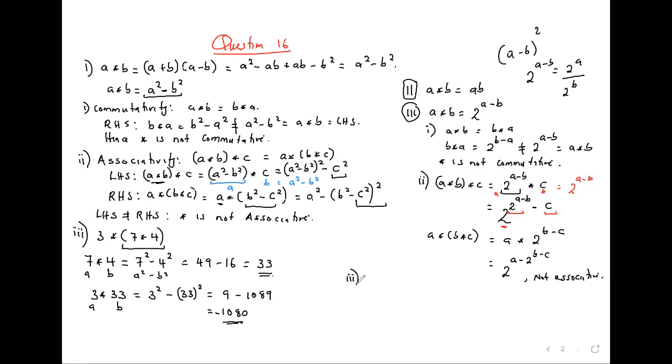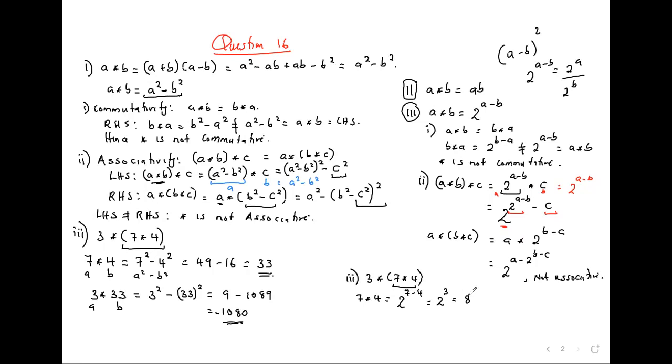Compute 3 star 7 star 4. We'll start with 7 star 4. So 7 star 4 is equal to 2 to the power of 7 minus 4, giving us 2 to the power 3, which is 8. First thing.